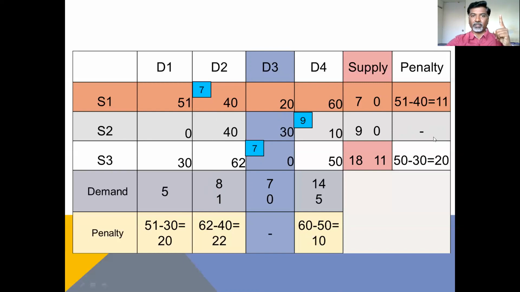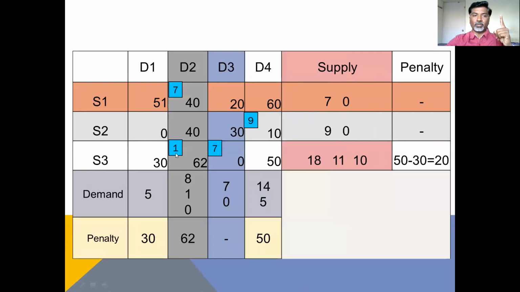This row is also finished, and this allocation we have already done. So only one cell is remaining, 62. So we have to select 62 as a row. When you are selecting this row, then we have to allocate the available.